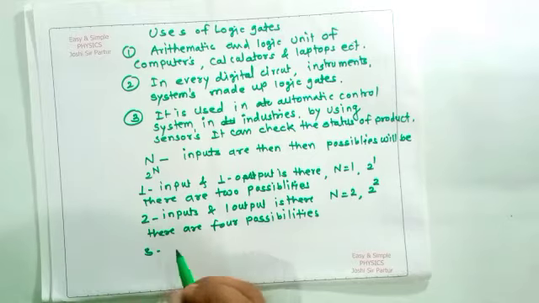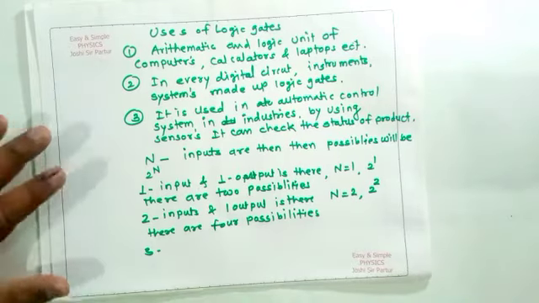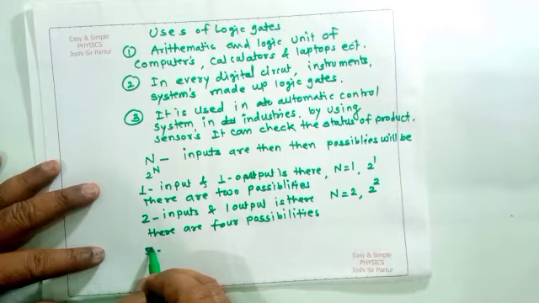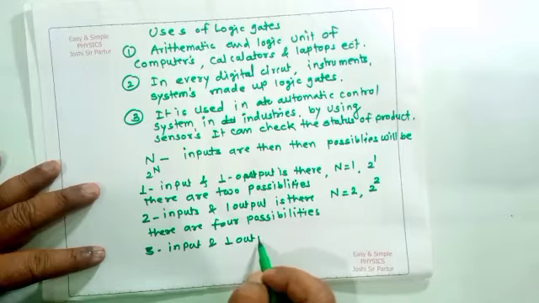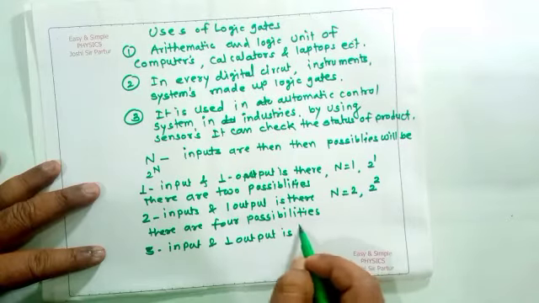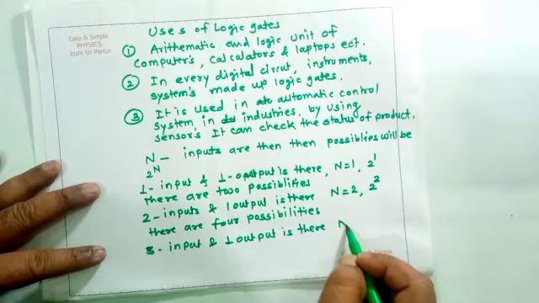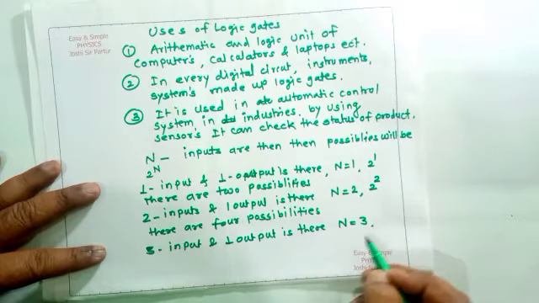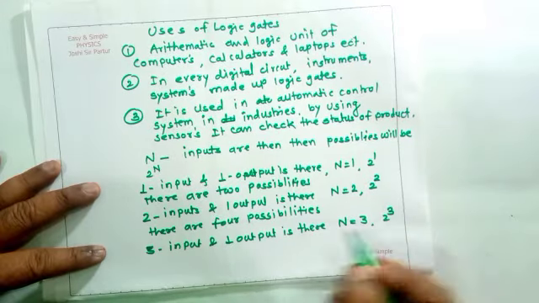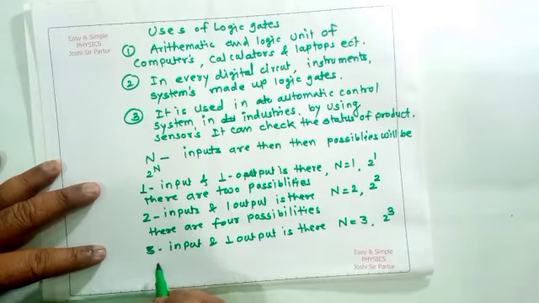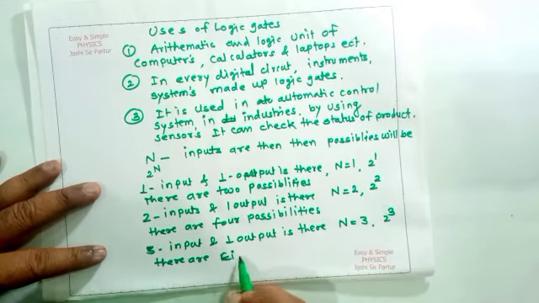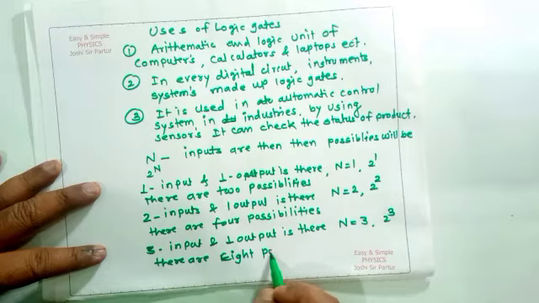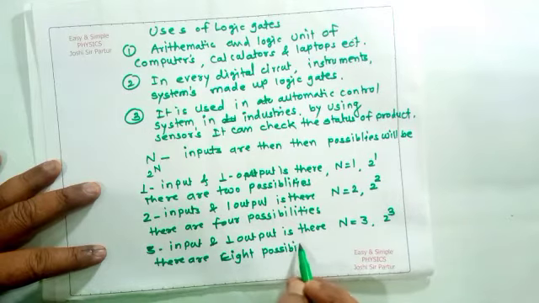If 3 inputs and 1 output is there, then n equals 3, so 2 raised to 3 becomes 8. There are 8 possibilities.